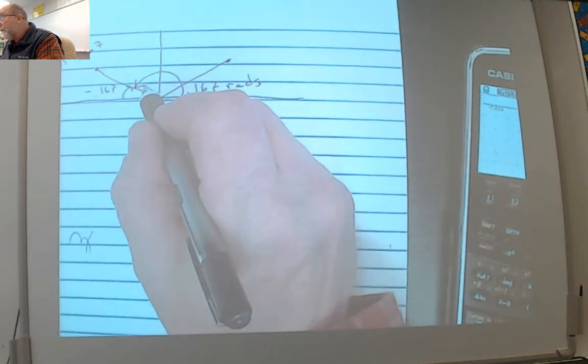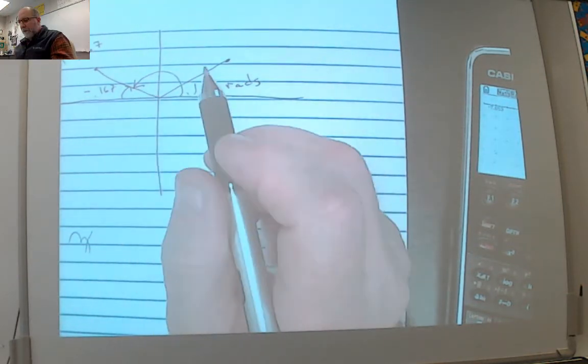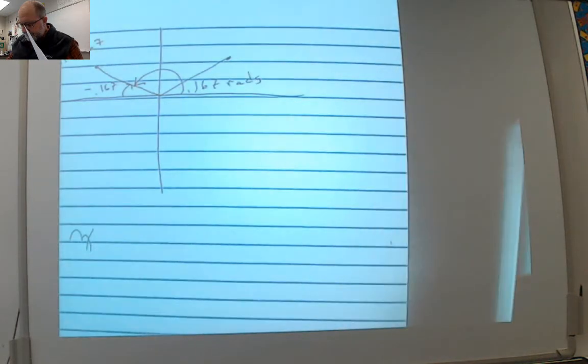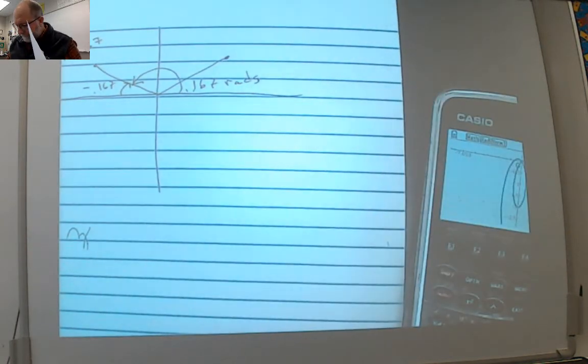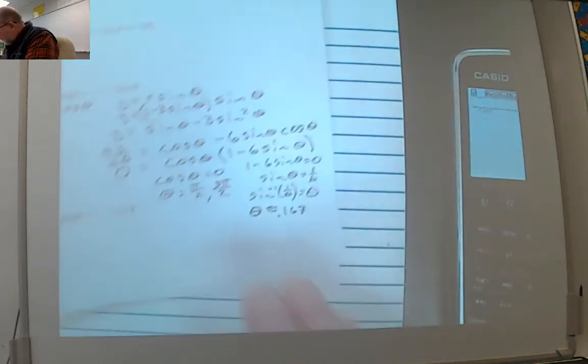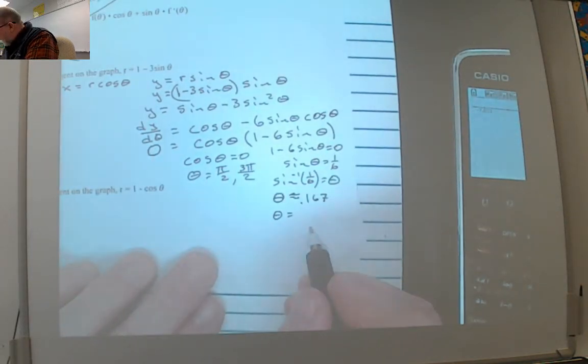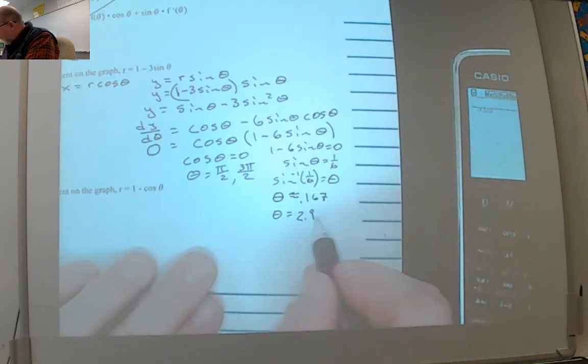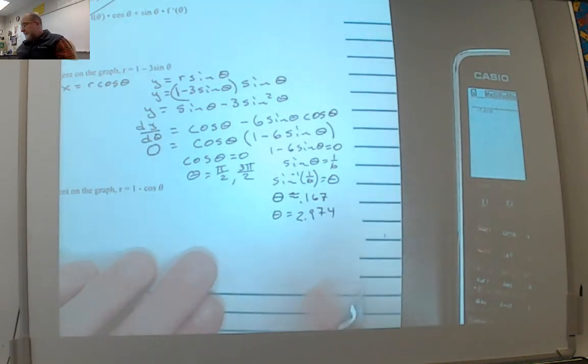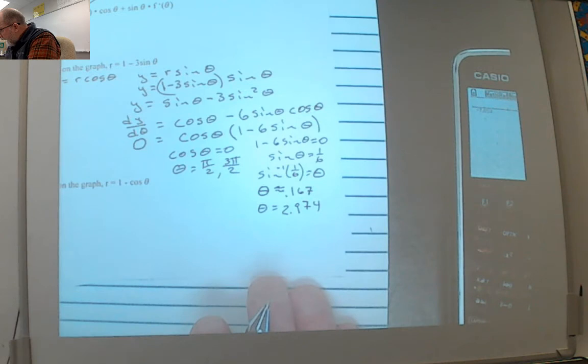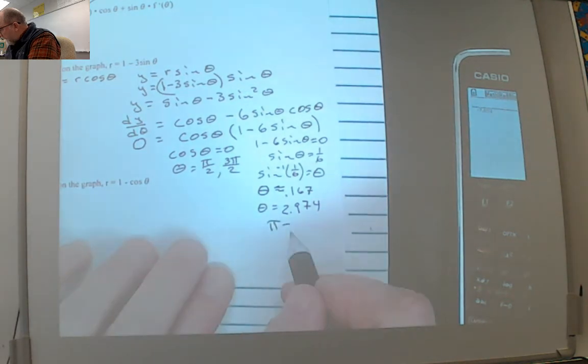Is that making sense? All right, so I'm going to compute that, and I'm going to get that theta could also be 2.974, and that was pi minus 0.167.